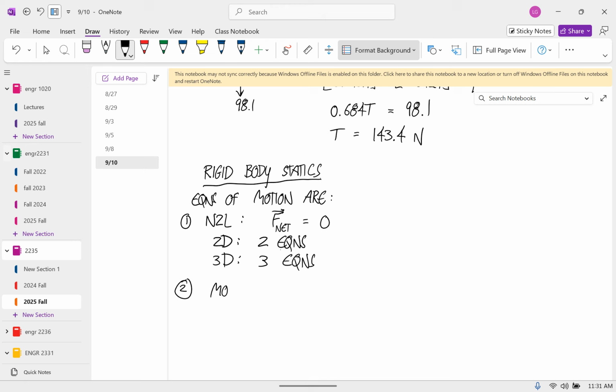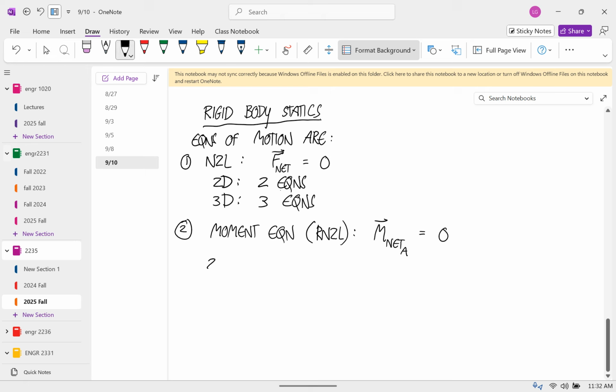Now we're also going to use the moment equation, which I'll abbreviate as rotational Newton's second law because you derive it from Newton's second law. It says that if you add up all the moments about some point A, it has to be equal to 0.